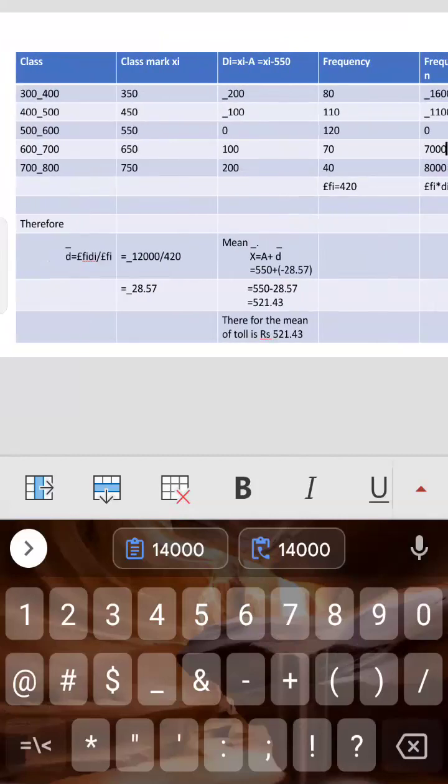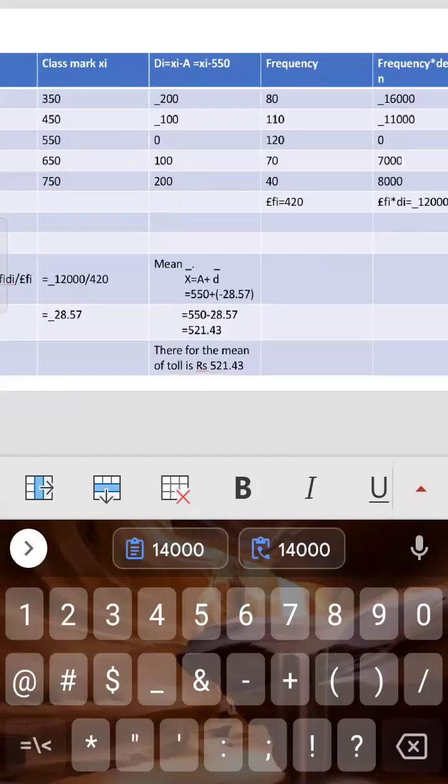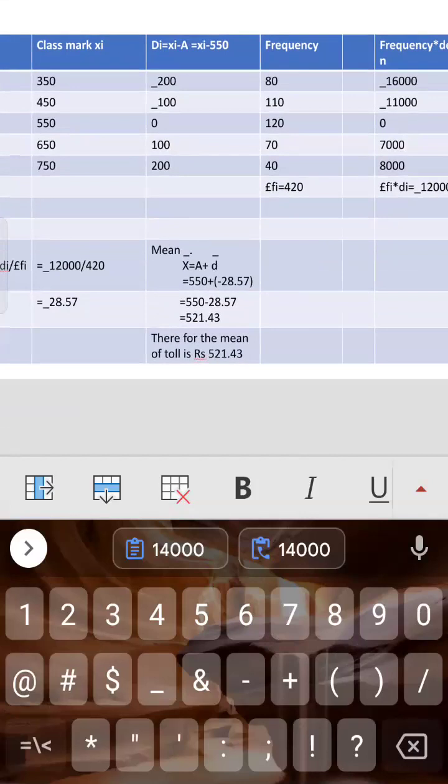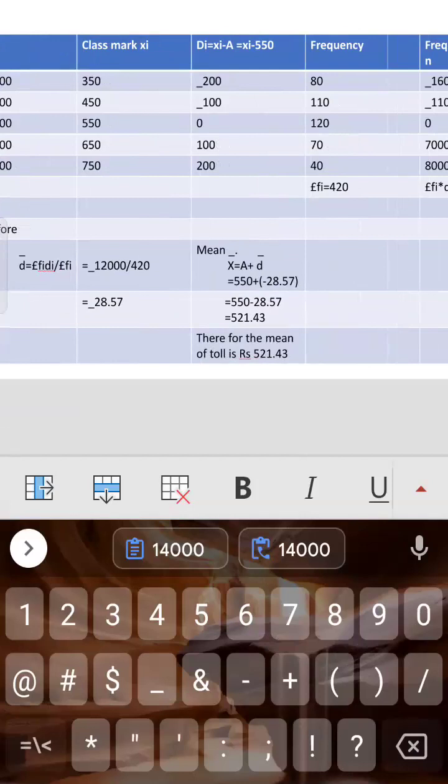Then find d bar. D bar equals summation of Fi di upon summation of Fi. Summation of Fi di is negative 12,000 and total frequency is 420. Therefore we obtain d bar equal to negative 28.57. Then find the mean using the formula x bar equals a plus d bar.